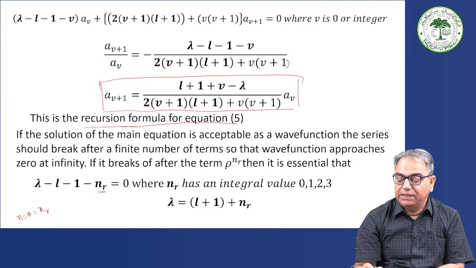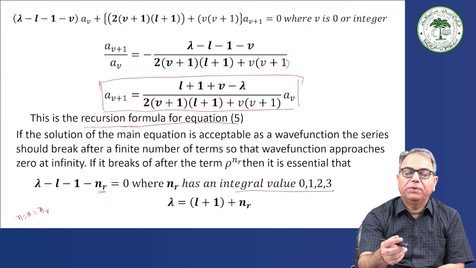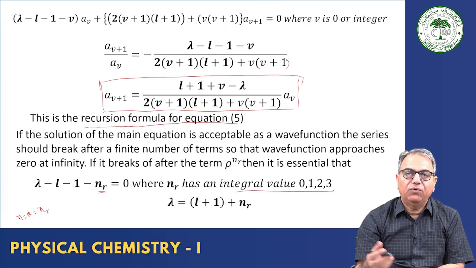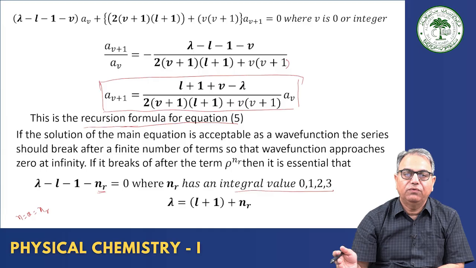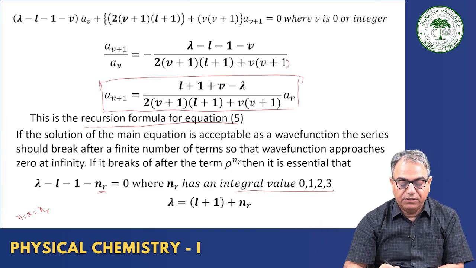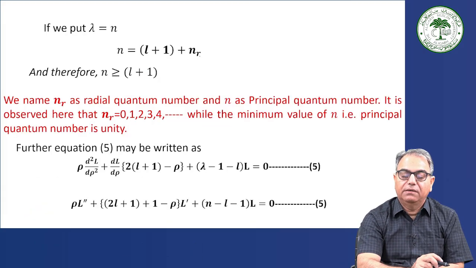This NR has an integral value 0, 1, 2, 3, because obviously this N was rho raised to the power 0, rho raised to the power 1, rho raised to the power 2. So, NR can have any value 0, 1, 2, 3, 4 up to N. And if you rearrange this equation, what do you get? Lambda is equal to L plus 1 plus NR. Then N is equal to L plus 1 plus NR.